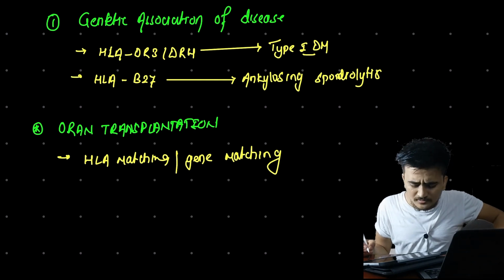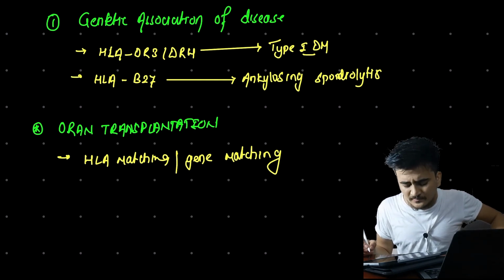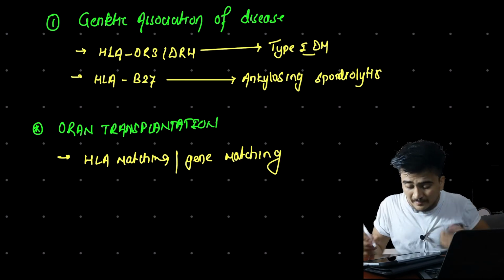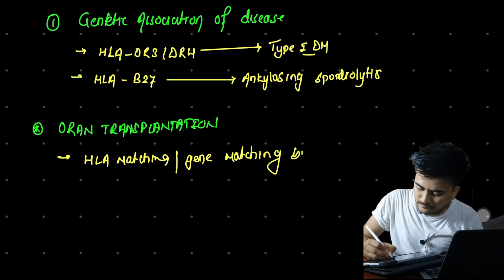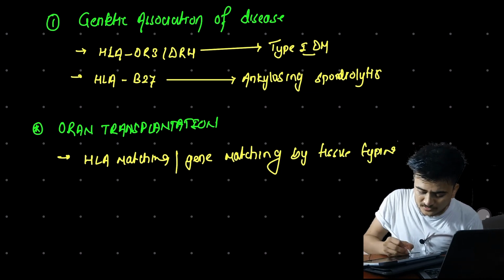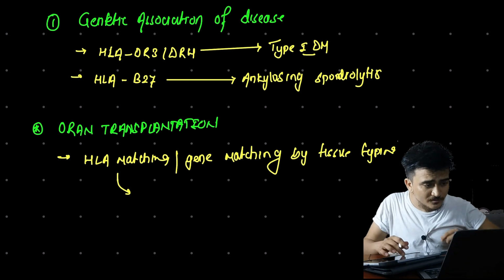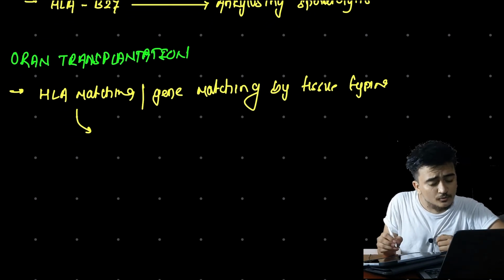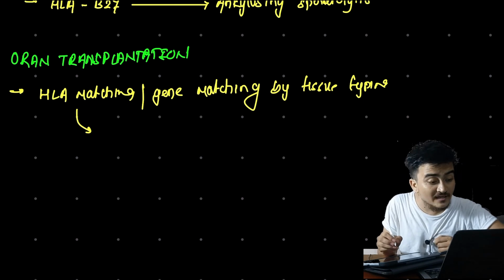That means for organ transplantation we should perform HLA matching, and this can be done by tissue typing. And how is this process performed? This is performed with mixed leukocyte reaction and microcytotoxic assay.